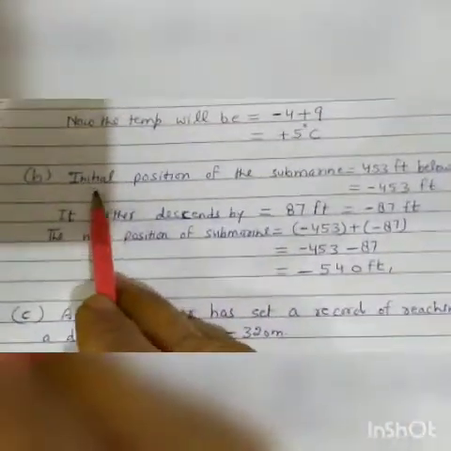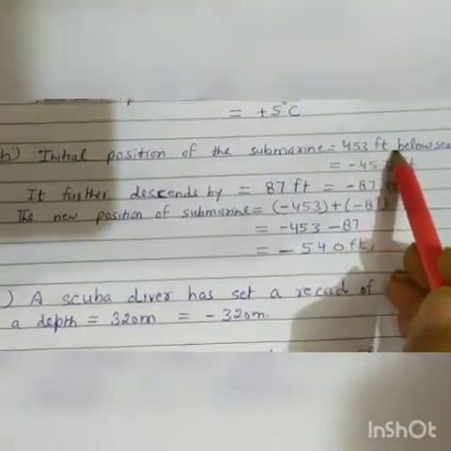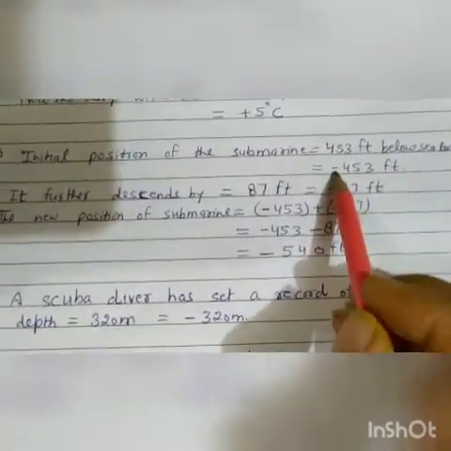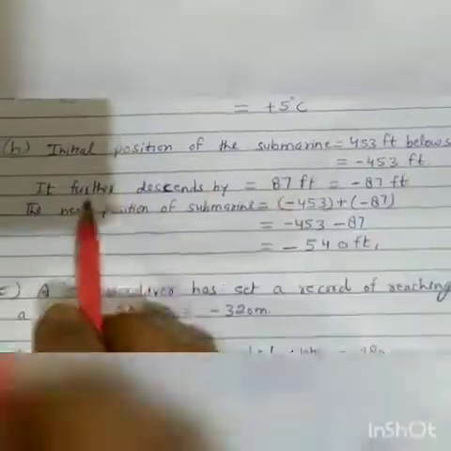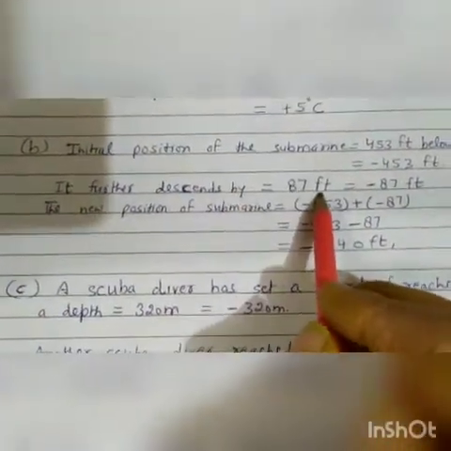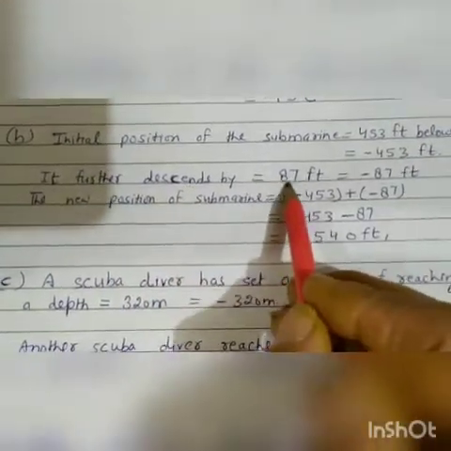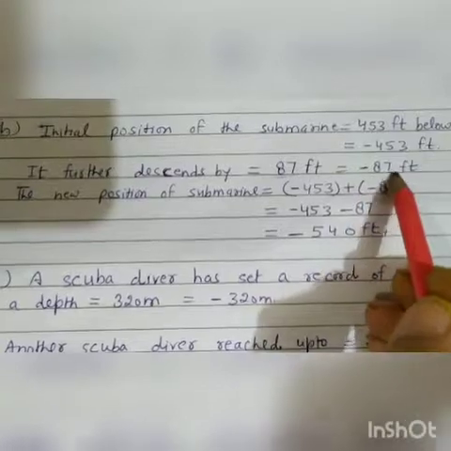See. Initial position of the submarine is 453 feet below sea level, means minus 453 feet. It further descends, goes down by 87 feet. Again it is going down, so this number will also be taken as minus 87 feet.